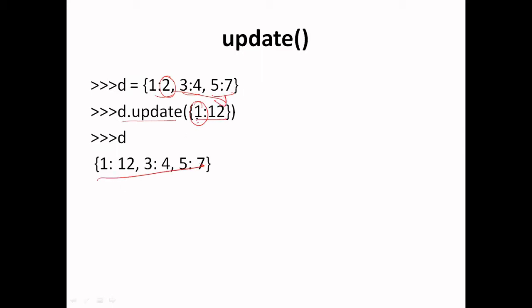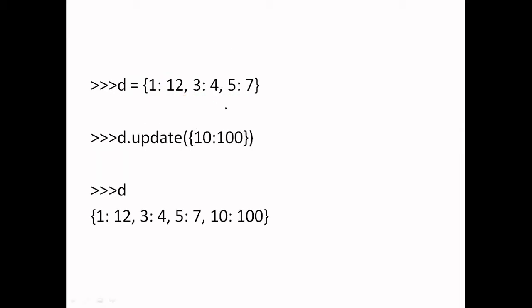And if the key does not exist, this pair of elements will be added. So in this case 10 comma 100, that key does not exist in this dictionary, so a new pair of elements will be added. The number of elements now is 4.